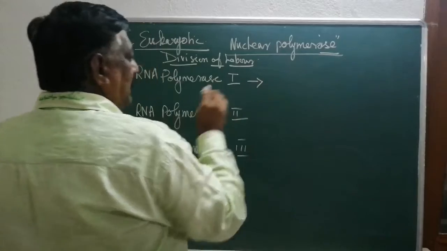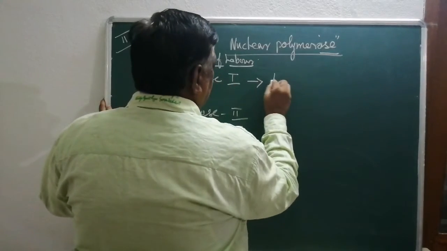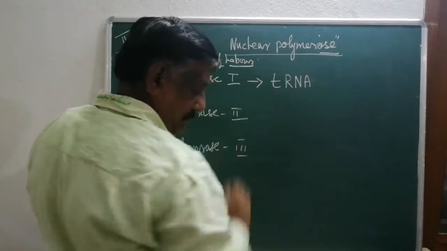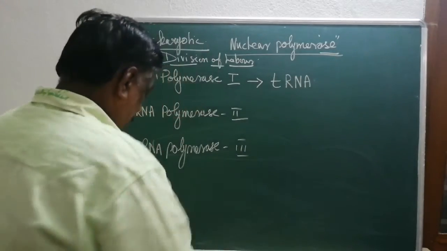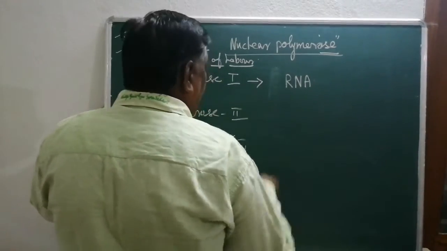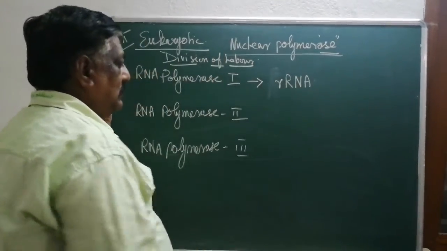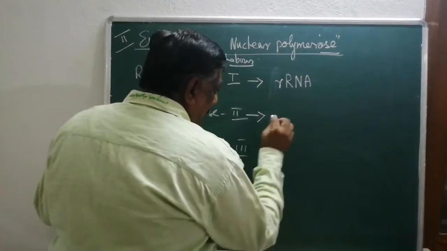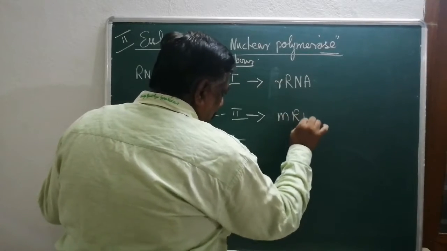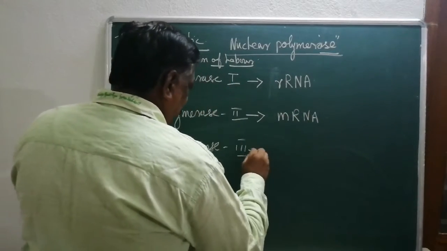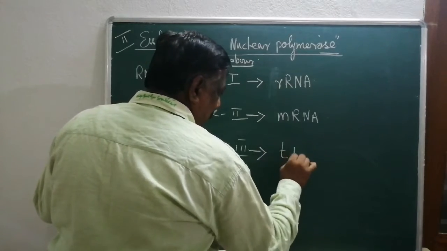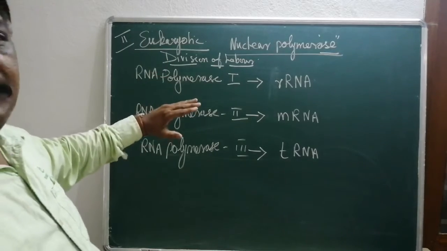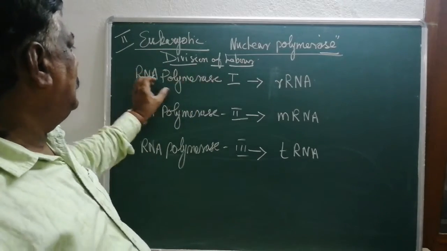This RNA polymerase 1 prepares, sorry, it prepares rRNA. rRNA, there was a doubt. And this prepares the mRNA. And polymerase 3 prepares tRNA. See, beautifully they have made some differences in the enzymes.